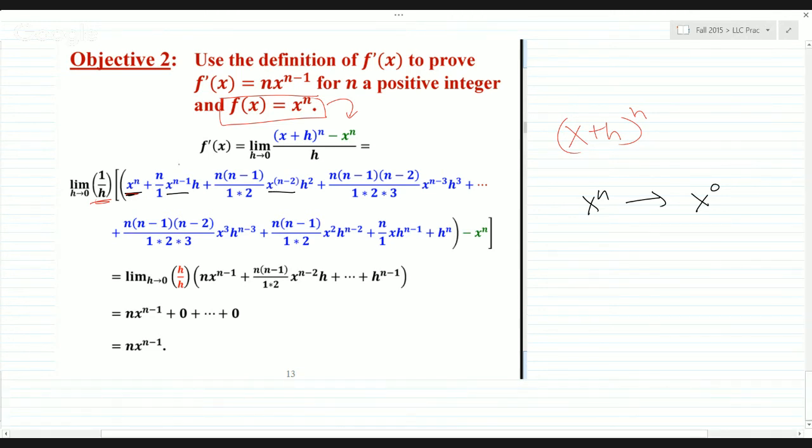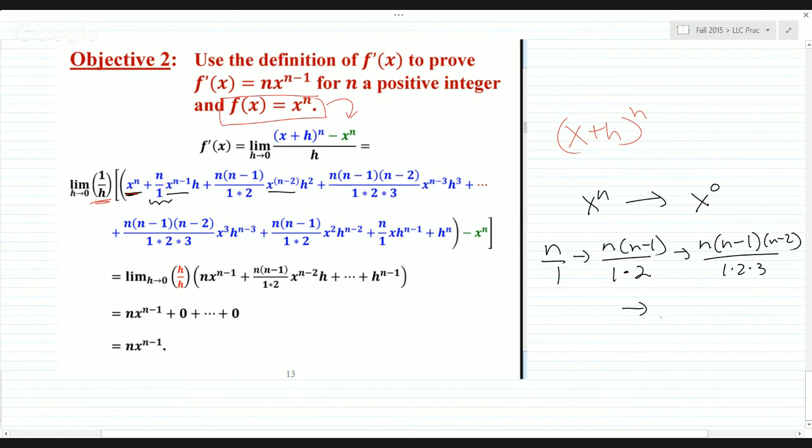In another part, which starts with the second term, we have n over 1. Then that goes to n times n minus 1 over 1 times 2. This follows like a factorial, where it's n times n minus 1 times n minus 2 over 1 times 2 times 3.